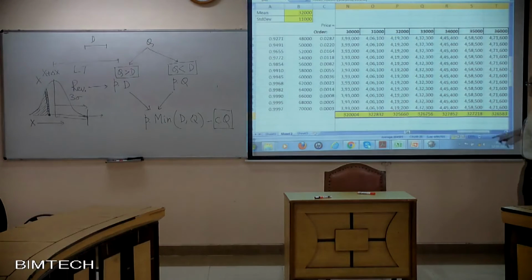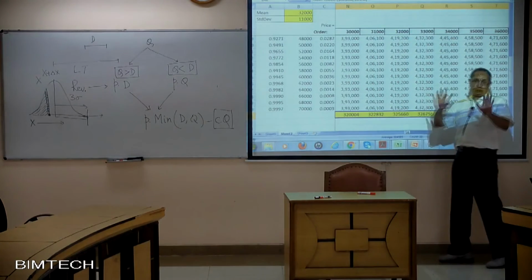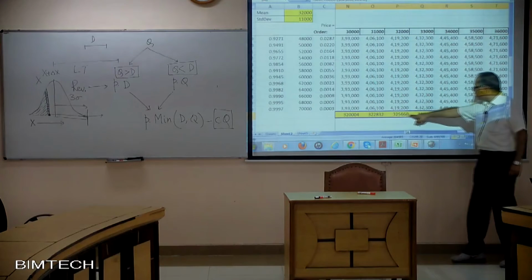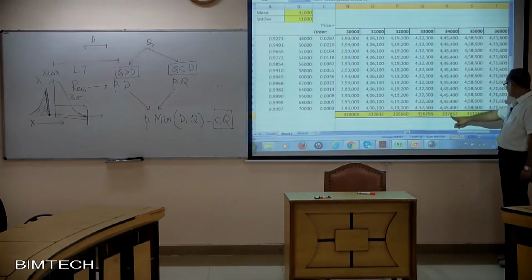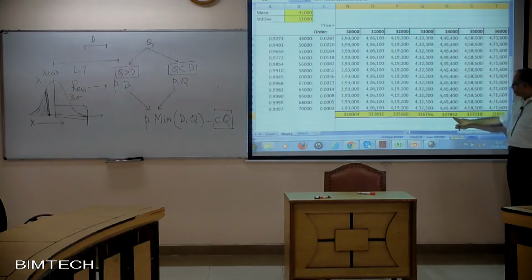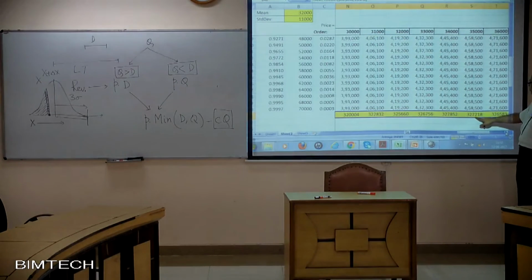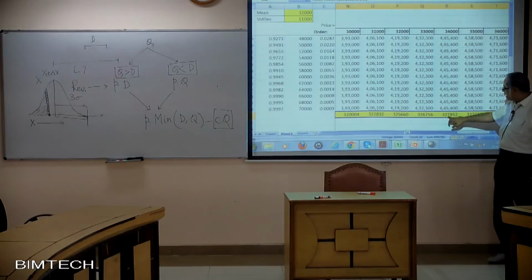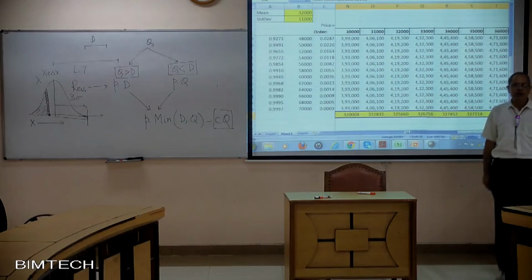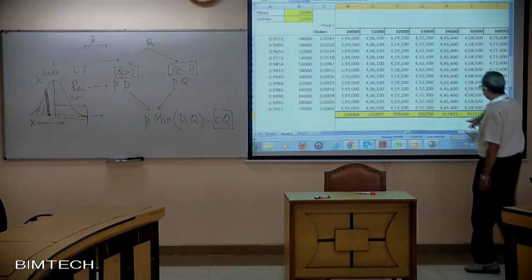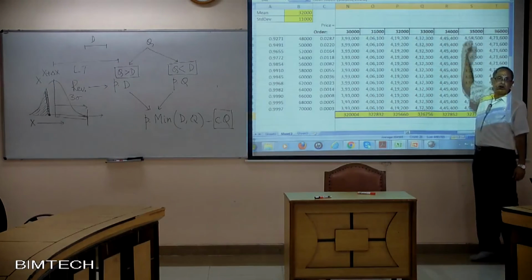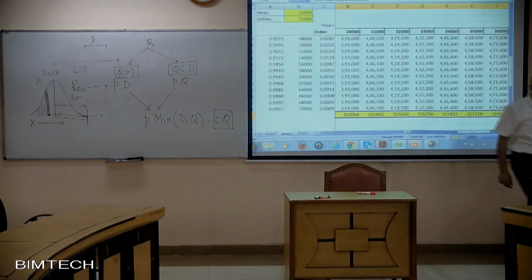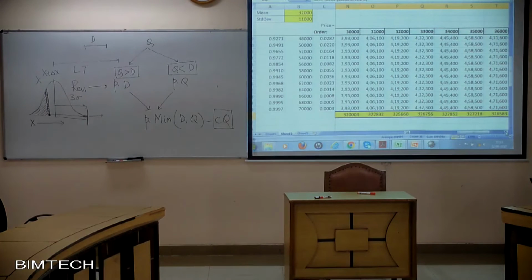Now please note that the expected profit was increasing all along, and then we reach 327,852. Okay, and then we have 327,218, and 326, and so on. So it looks like the maximum of the expected profit happens to be this one, which is for an order quantity of 34,000.